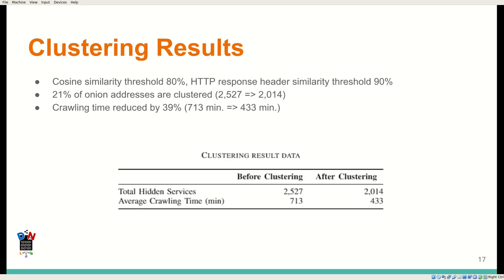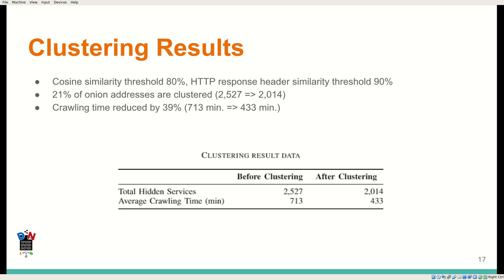The clustering results were as follows. We set the threshold for cosine similarity to 80% and the threshold for HTTP response header to 90%. 21% of onion addresses are clustered, from 2527 to 2014.